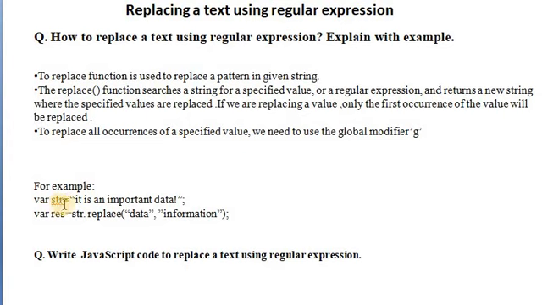For example, suppose var str is equal to "It is an important data", var result is equal to str.replace("data","information"). Means data is replaced with the information. We have to use the replace function here, and this result is stored in res, and this str is the string, that is "It is an important data".